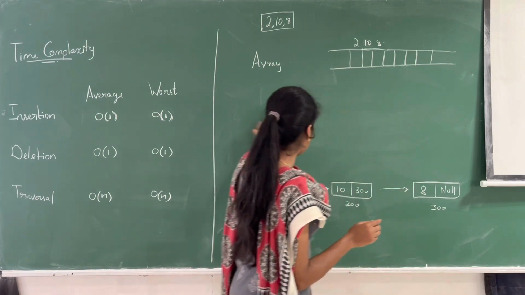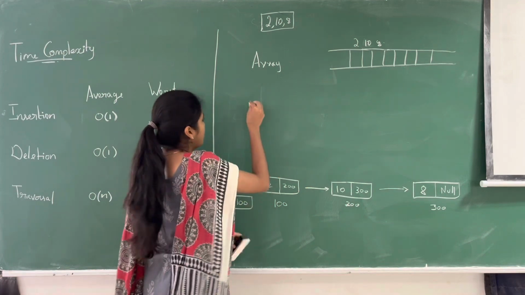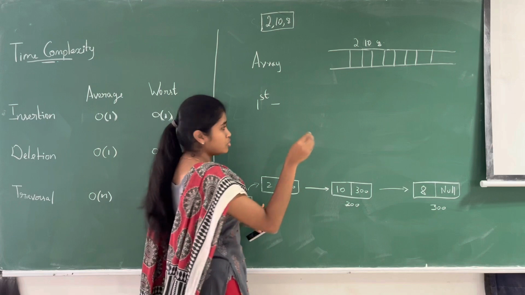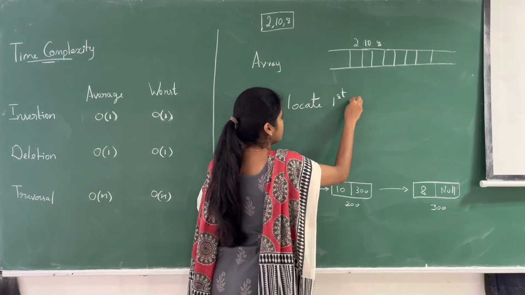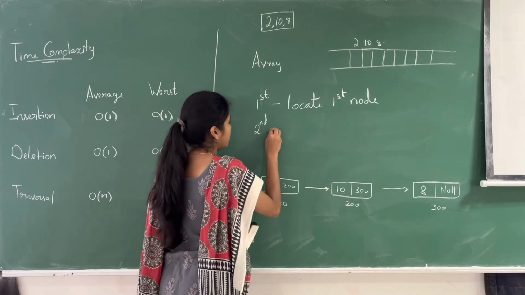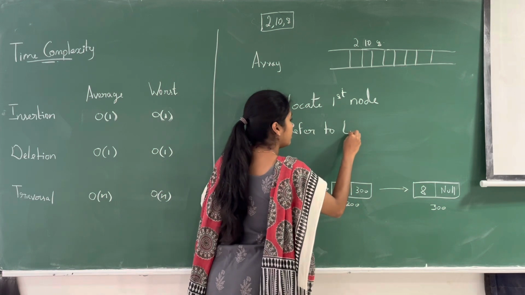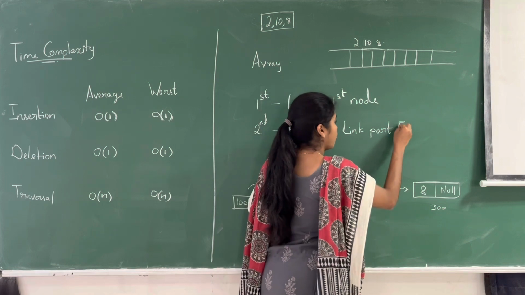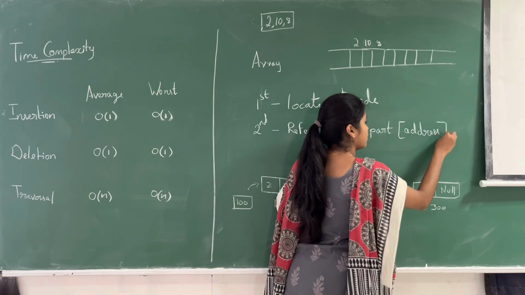But in the case of a linked list, if we want to search 8, the first step is we have to locate the first node. And the second step is to refer to the link part or the address.